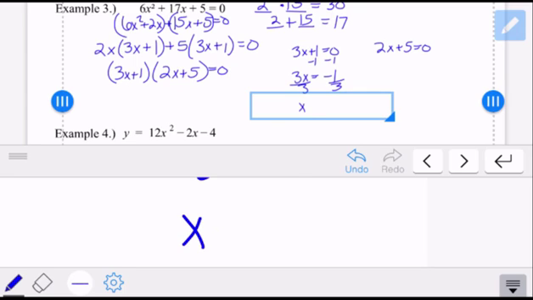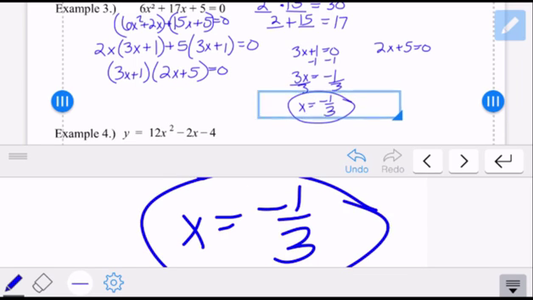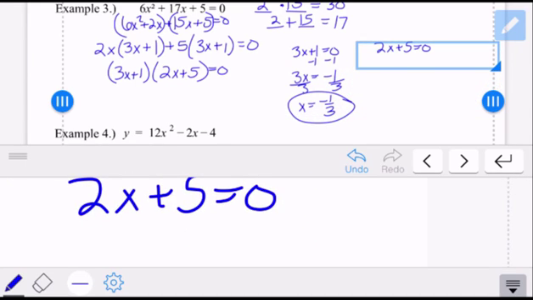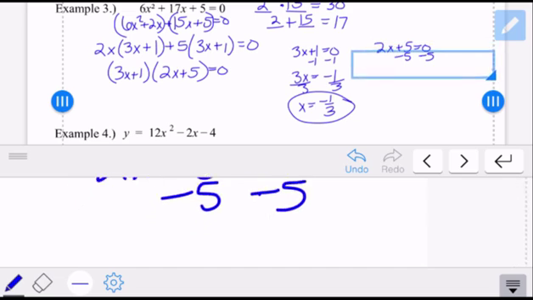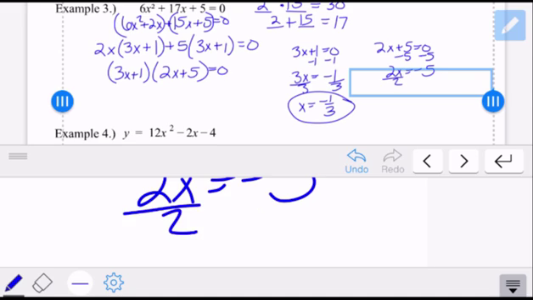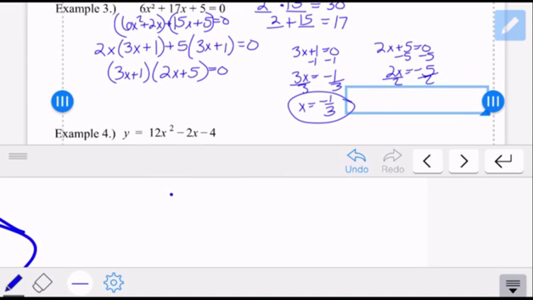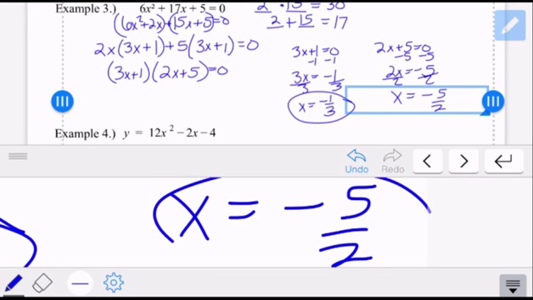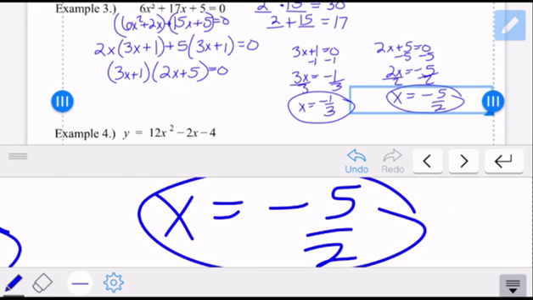So we get x is equal to -1/3. One answer done. Over here we got to subtract over this 5. So we get 2x equals -5. Divide by the 2, and we get x equals -5/2. Second answer. Got it.